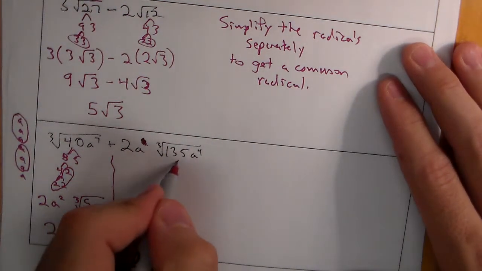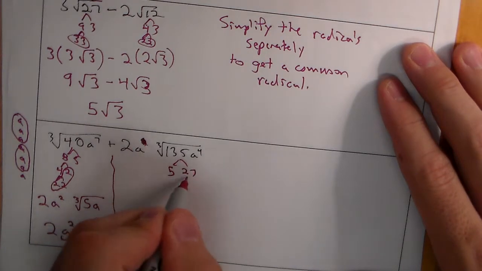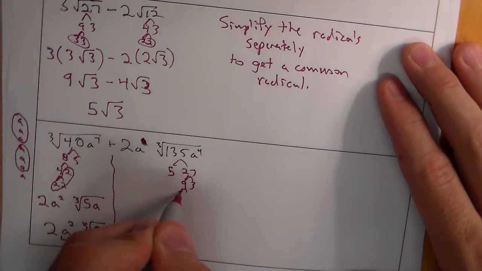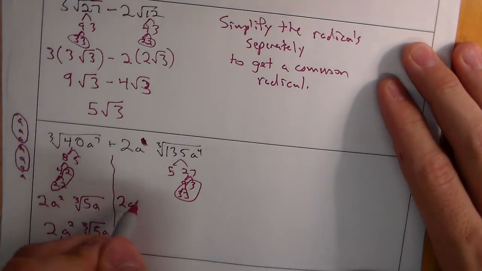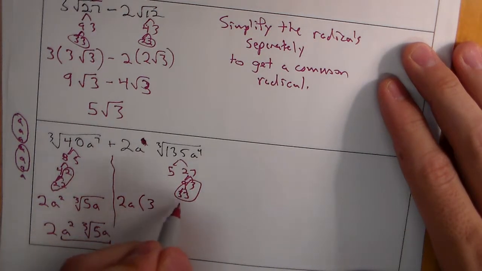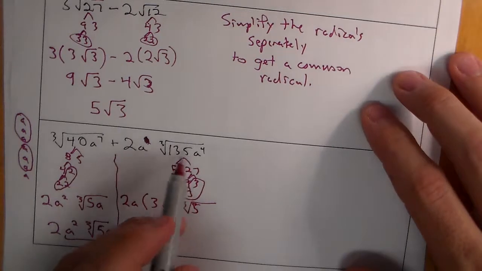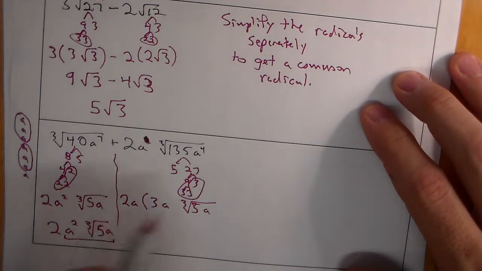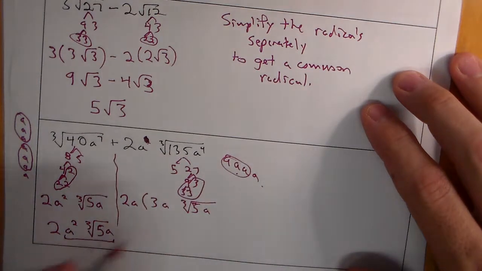Okay, so now 135 is 5 and 27, which is 9 and 3 and 3 and 3. So I got my set of 3's. So 2a on the outside, set of 3's come out, 5 left in. A to the 4th is going to take 1 set out and leave 1 in, because I have 4 a's. 1 comes out, 1 in.